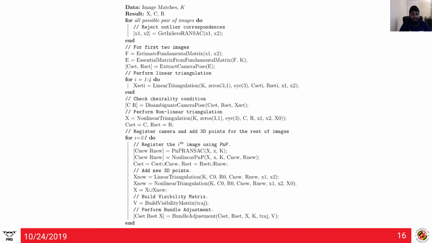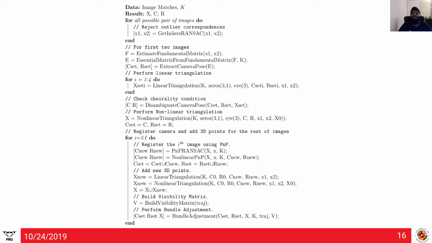You have a given data. What you want to do is, given data and given calibration matrix, you want to find my X, C, and R. So I want to find my 3D world points, camera translation, and camera rotation, right? So first step we did was feature matching. We did RANSAC for rejecting the outliers. Then we estimated the fundamental matrix.